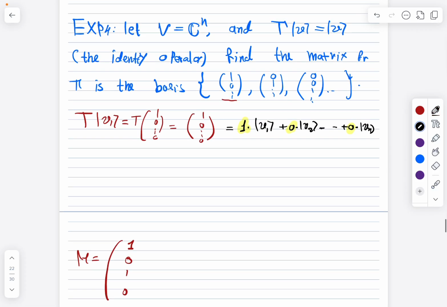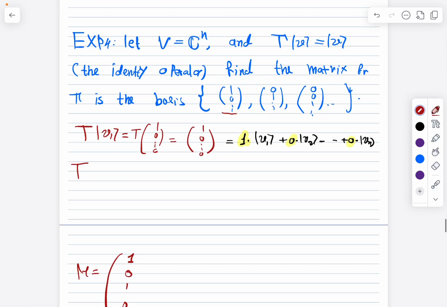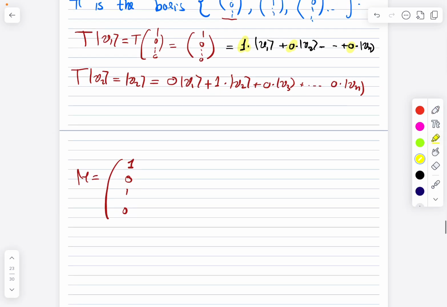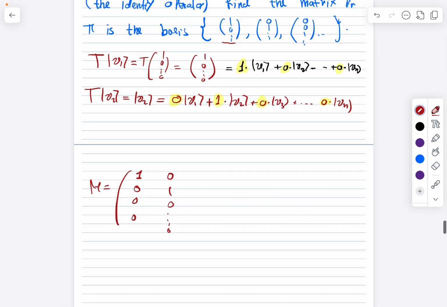Now how about the second column? We have T at V2, which is just V2, and we can write it as 0 times V1 plus 1 times V2, plus 0 times V3, etc., all zeros up to Vn. These are the elements of the second column. So we'll have 0 for the first one, then 1, then zeros, and so on.